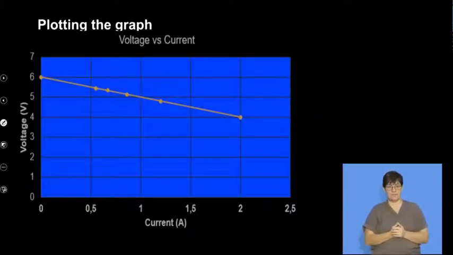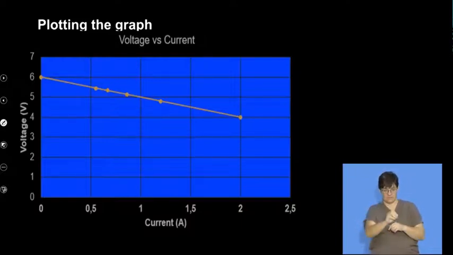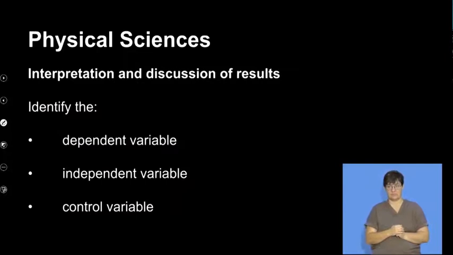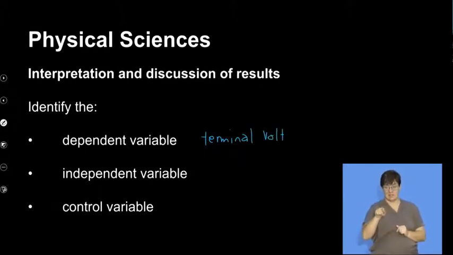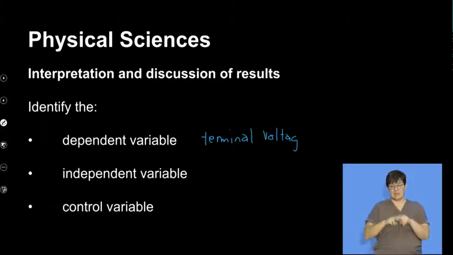We've got current as the independent variable and voltage as our response variable. Pay attention to the graph there. Now if we are to identify the variables, remember we said the dependent variable is terminal potential difference, or terminal voltage. So this is our dependent variable.